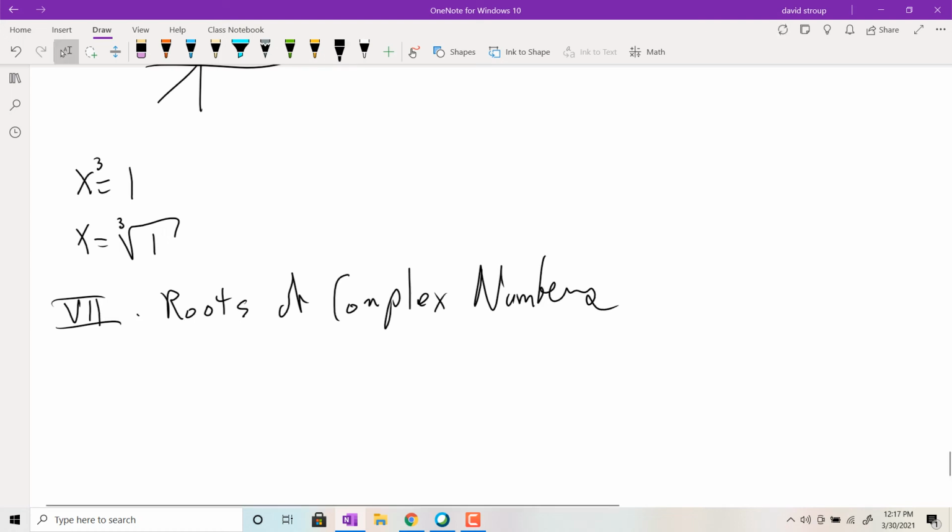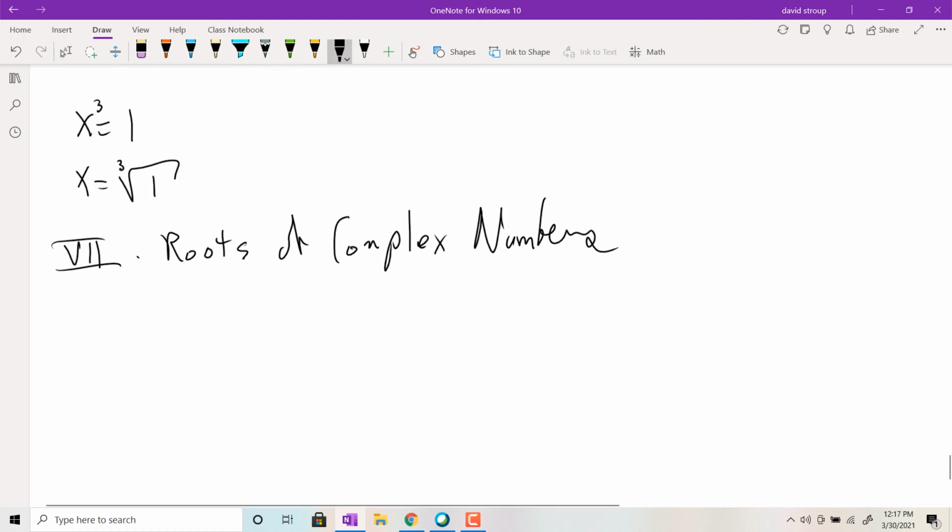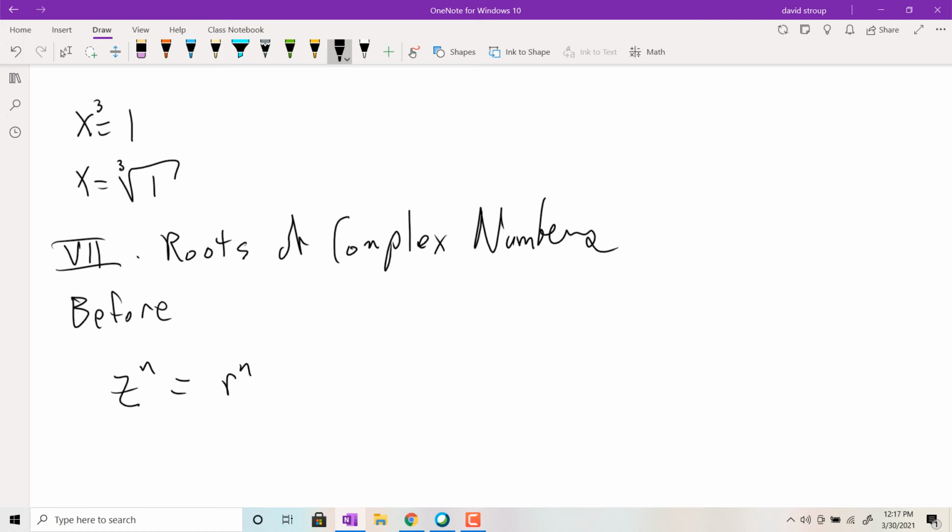So we can generate a formula for this via the power formula. From above, we had z to the n equals r to the n times cosine of n theta plus i sine of n theta.